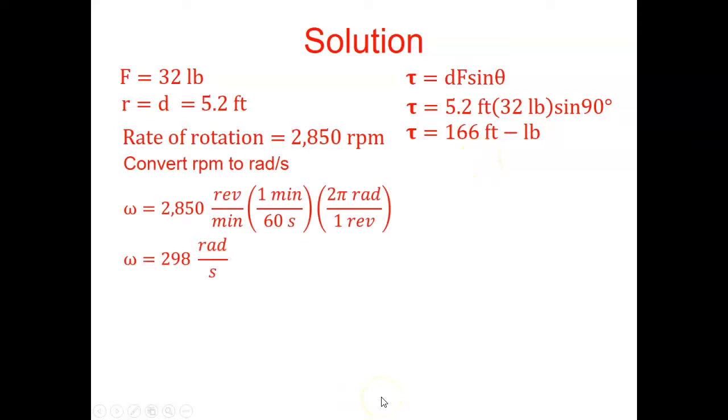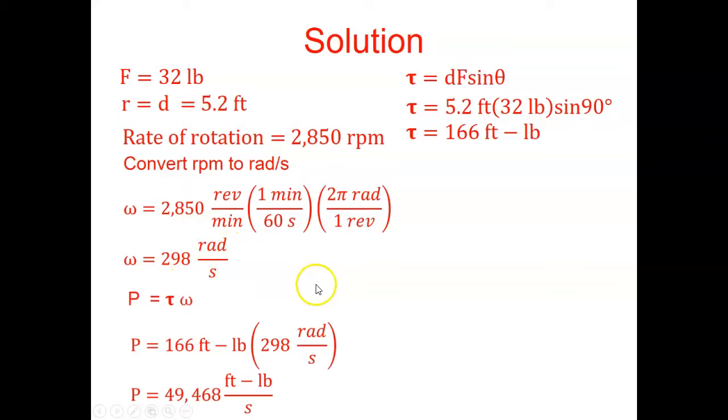Then we have to convert our RPMs to radians per second. We take 2,850 times 2 times pi, so we do 2 times pi first, then multiply that times 2,850, and then divide that by 60 seconds. That gives us 298 radians per second.